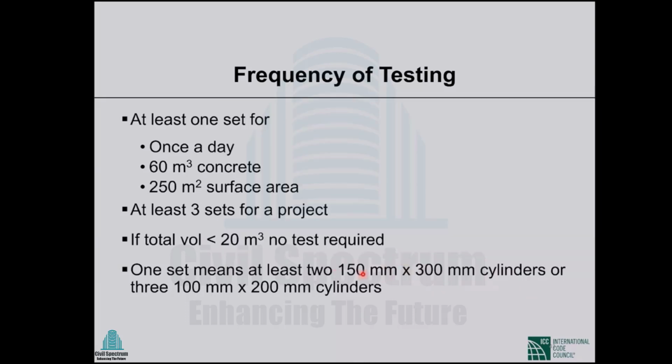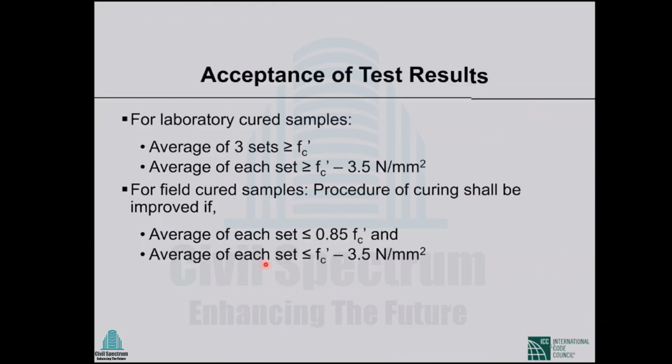If it is like 6 by 12 inch, then 2. If it is like 4 by 8 inch, then 3. Okay, so this is very important for those who are supervising construction.